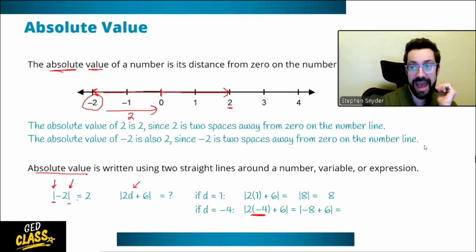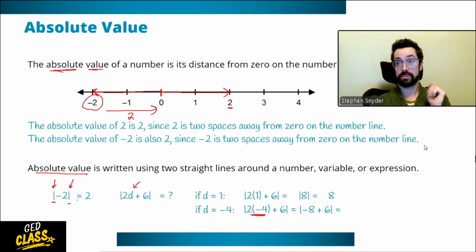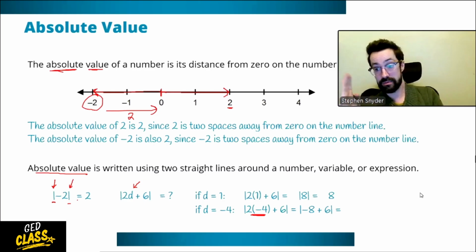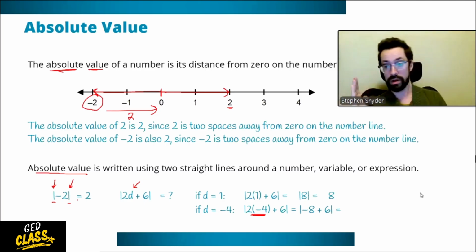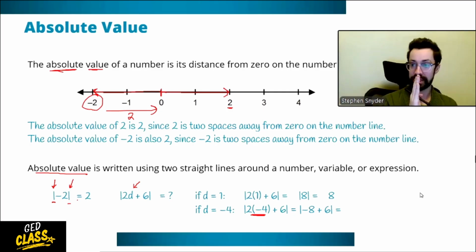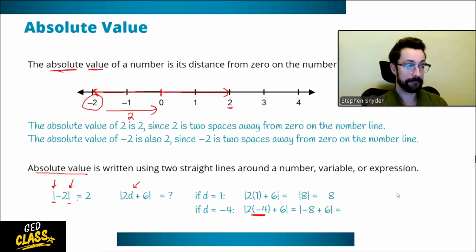If I'm way back here at -8, and I add 6 to it, what am I going to be at? -8 plus 6 is going to get me to what? Yeah, it's going to get me to -2, right?